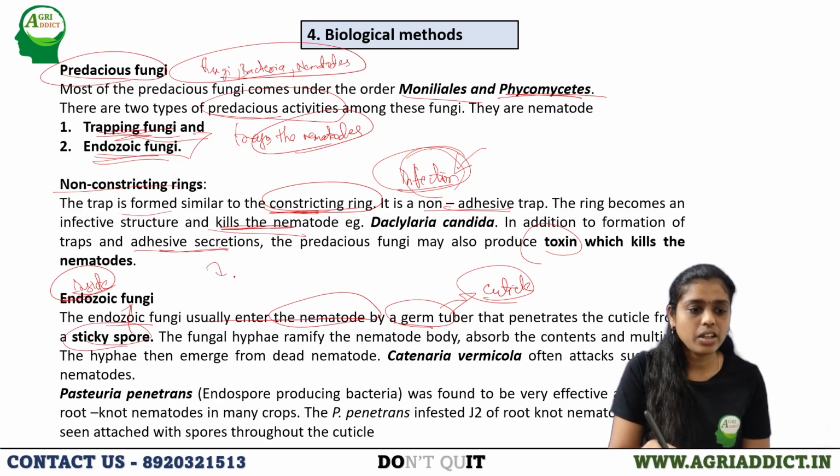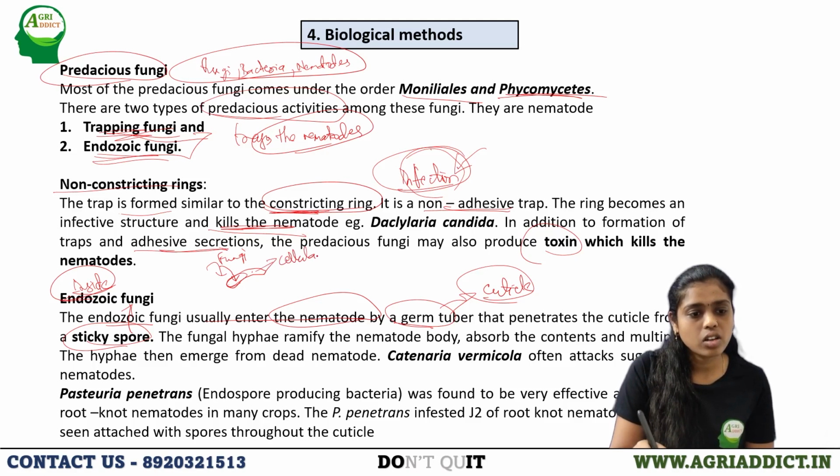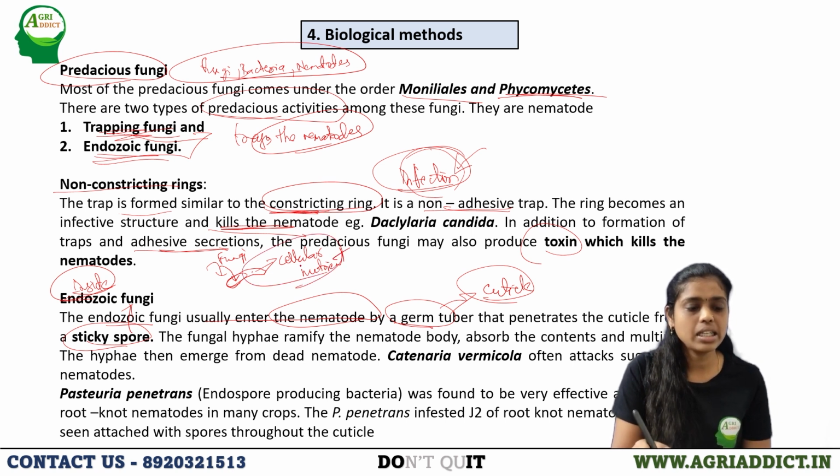By entering the nematode, the fungus starts multiplying inside it and absorbs the contents present in the nematode, depriving it of cellular and nutrient contents, and thus the nematode dies.